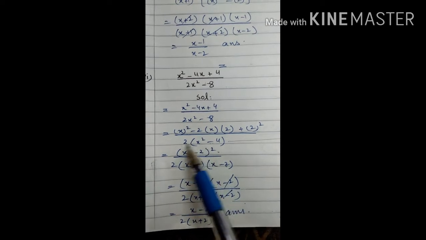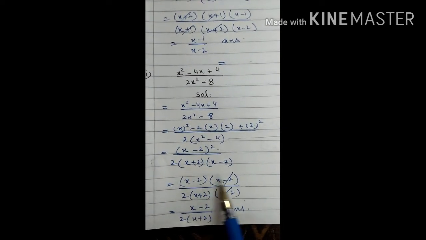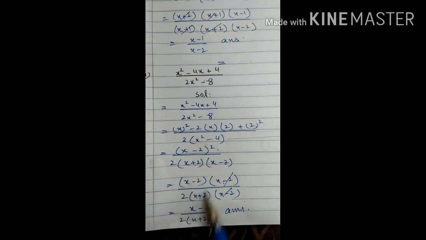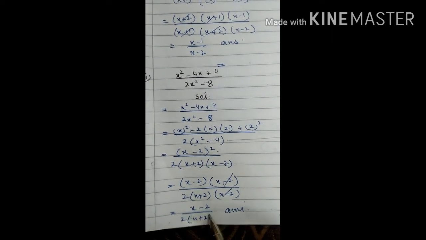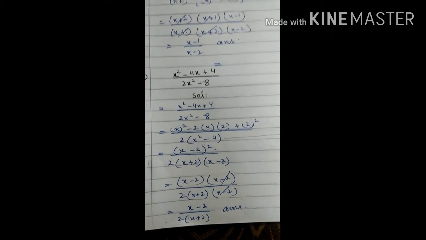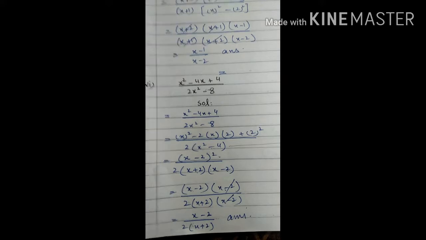Whole square means that this term can be written 2 times. Now x minus 2 and x minus 2 cancel. We are having x minus 2 in the numerator and 2 into (x plus 2) in the denominator. That is the simplest and the smallest form of this expression.